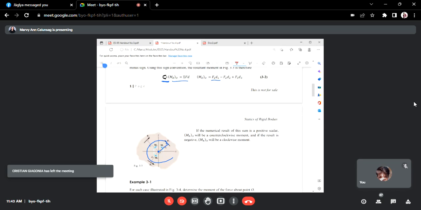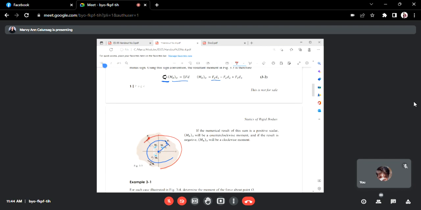It is clockwise. Since we assumed counterclockwise rotation as positive, and the rotation of F2 about point O is clockwise, therefore that is negative.